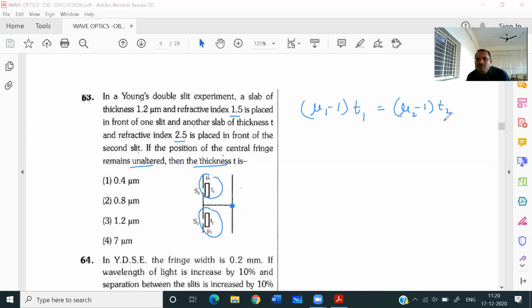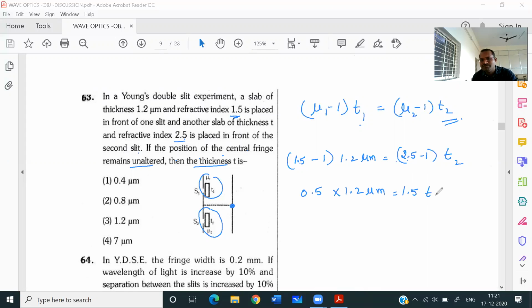Now here they are asking for the T2 value. Mu1 is 1.5 given, minus 1, into T1 given as 1.2 micrometer, is equal to mu2 given as 2.5, minus 1, into this thickness they are asking. 1.5 minus 1 is 0.5, into 1.2 micrometer, is equal to 2.5 minus 1, which is 1.5, into T2.